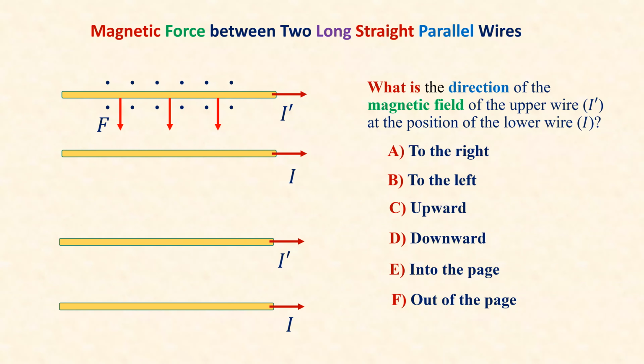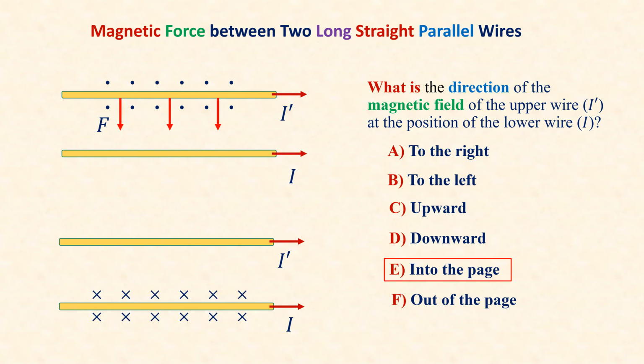The upper wire creates a magnetic field in the vicinity of the lower wire. According to the right-hand rule, if you put your thumb in the direction of I prime, you see that it circulates, coming out above it, going into the page below it. So it is going to be into the page.